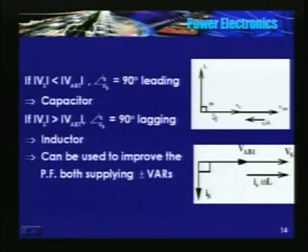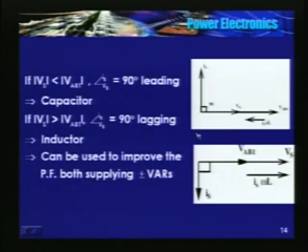Now what is the angle between the source voltage and the source current? It is 90 degrees, and the source current is leading the source voltage by 90 degrees. This is nothing but a source feeding a capacitor, or a capacitor connected across the source. Capacitor current is leading the voltage by 90 degrees.